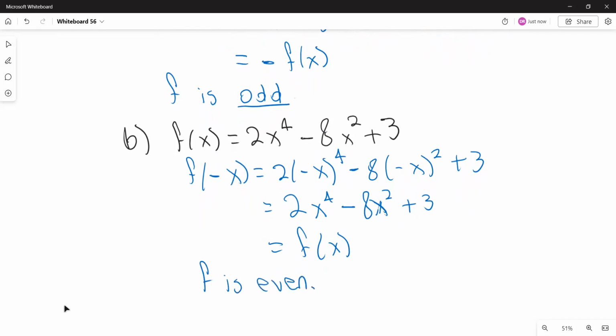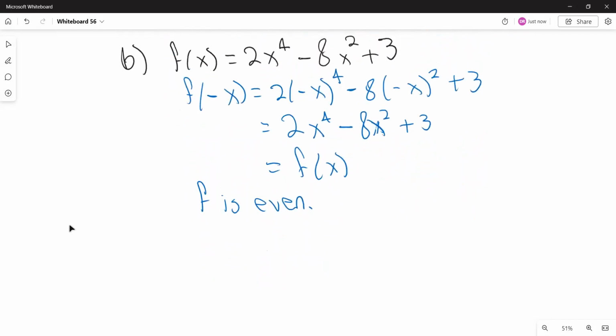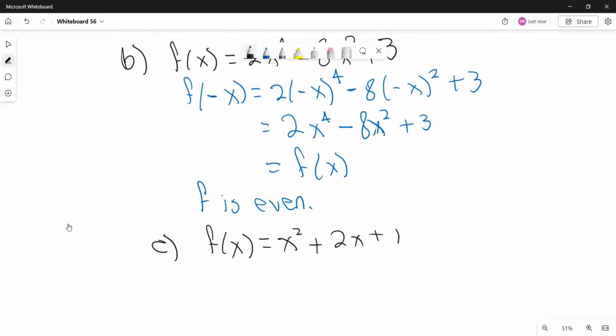In part C, we will determine whether f of x equal to x squared plus 2x plus 1 is even, odd, or neither even nor odd. So we're going to plug in the opposite of x.